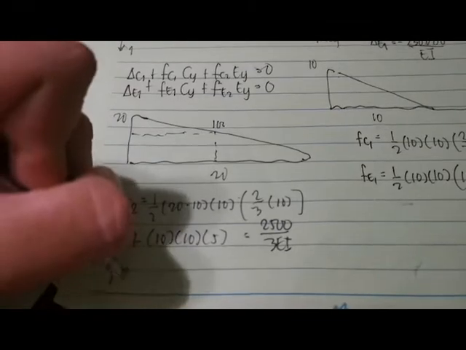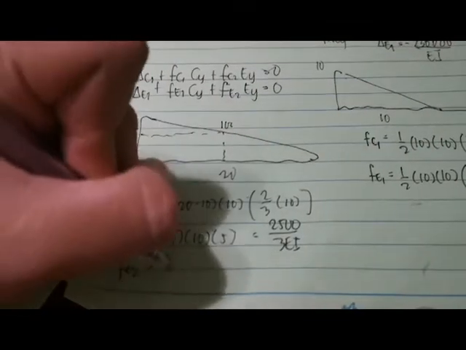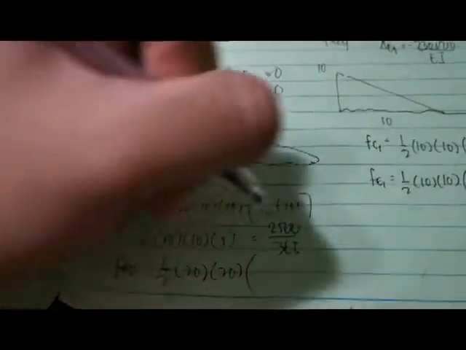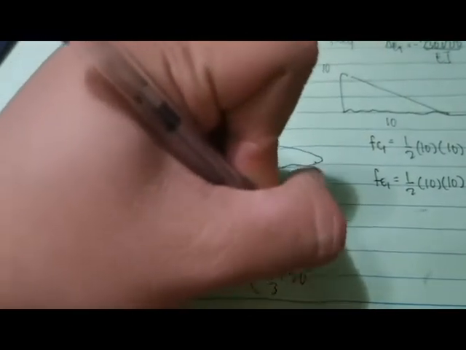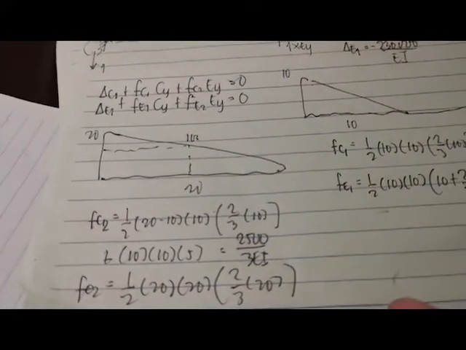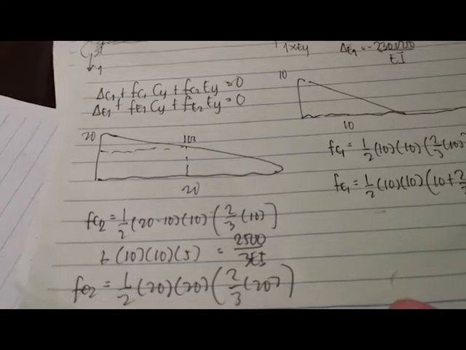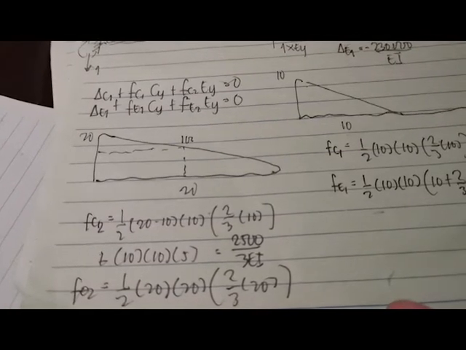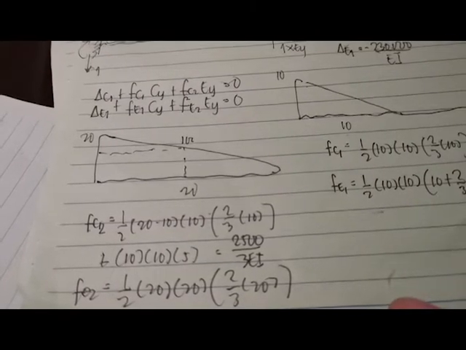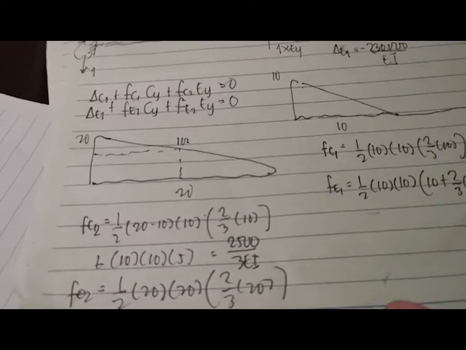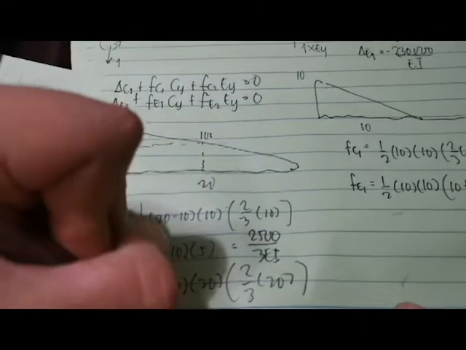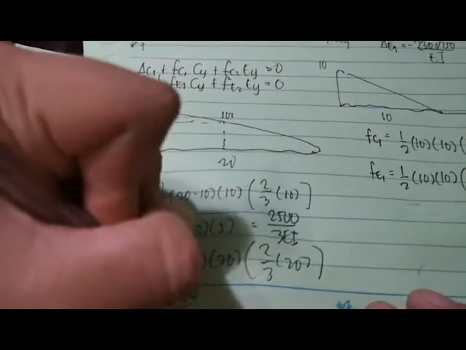FE2 naman will become, no, 1/2 times 20 times 20 times 2/3 of 20. Okay, no, so FE2 will become 1/2 times 20 times 20 times 2/3 of 20. So this will become 8,000 over 3EI.